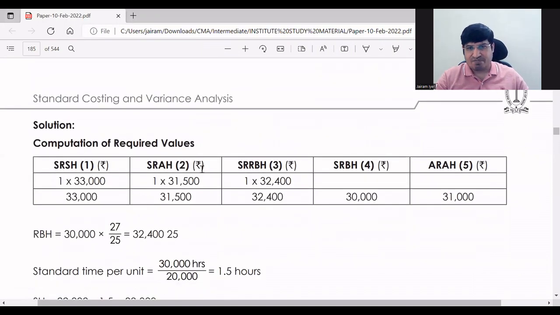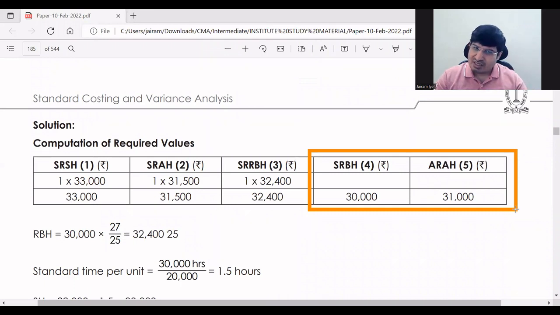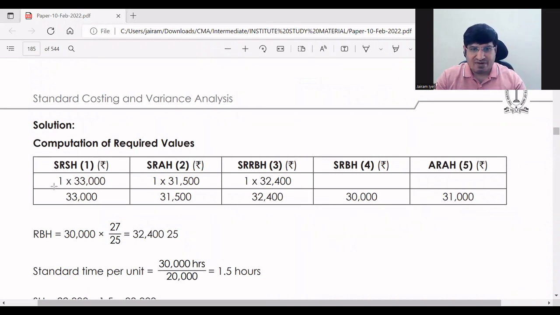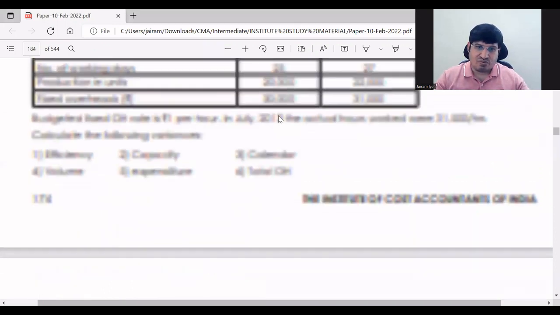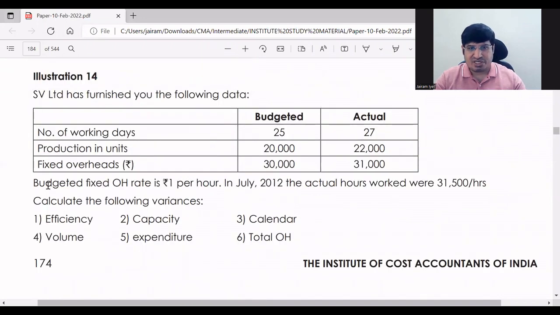This is your table. So 4 and 5 are given in the problem, so no problem, leave them. Now we have this 1 in the problem: budgeted fixed overhead rate is 1 per hour.